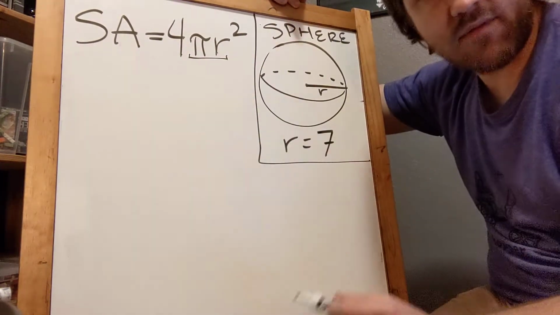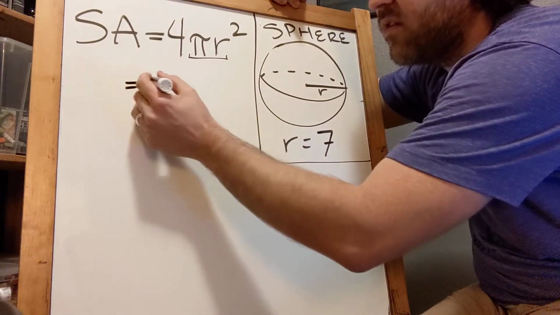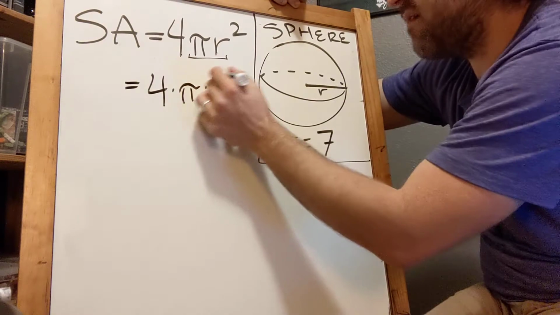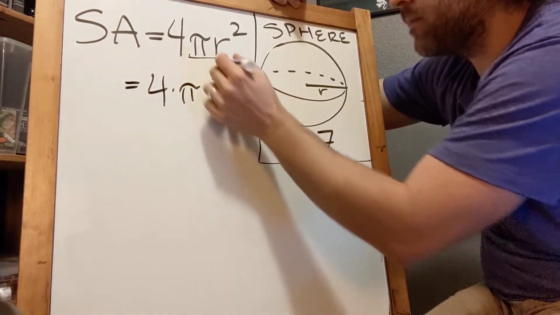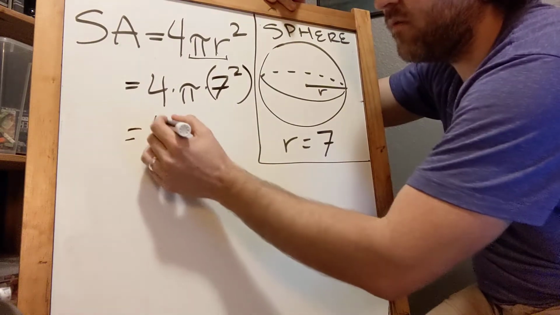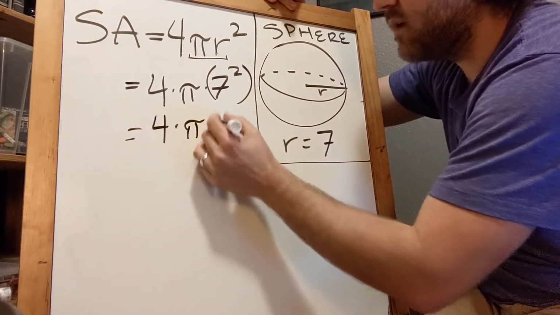So really we only have to plug in for r. So it looks like this: 4 times pi times 7 squared. 7 squared is 49. So this is going to be 4 times pi times 49.